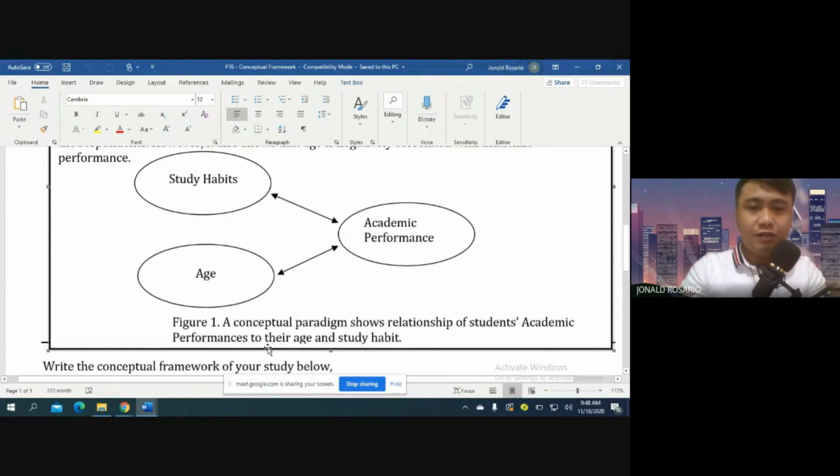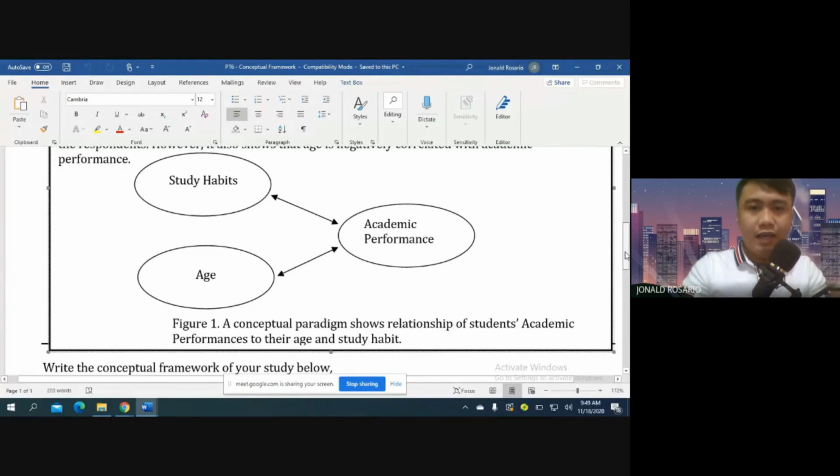Okay, so mayroon din pong label itong ating diagram. Labeled as figure 1. A conceptual paradigm shows relationship of students' academic performances to their age and study habit.